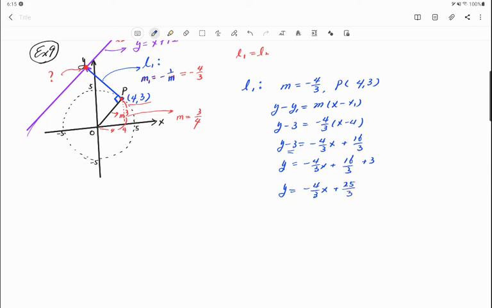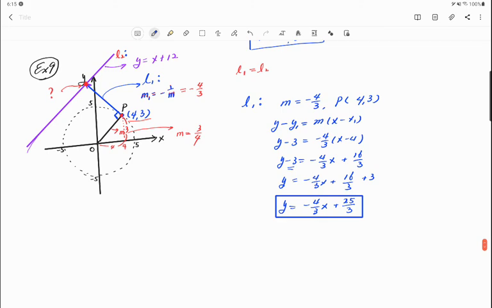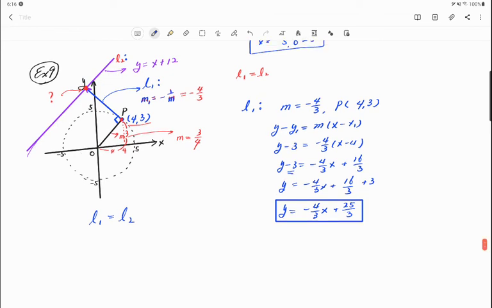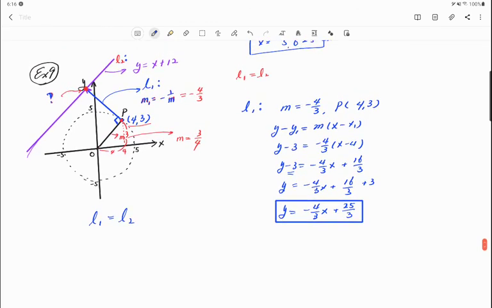All right, so we got the equation of the second line. Now we want to set the two lines equal so that we can find the intersection. The equation of the purple line is y equals x plus 12.